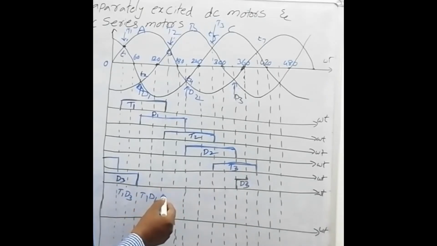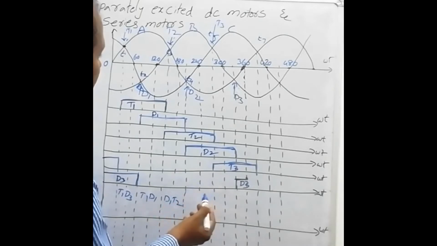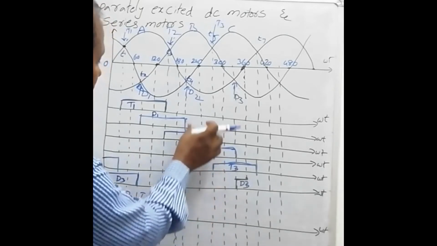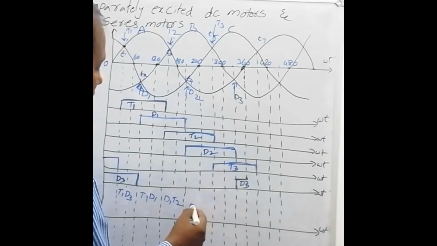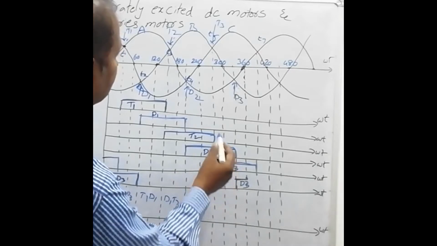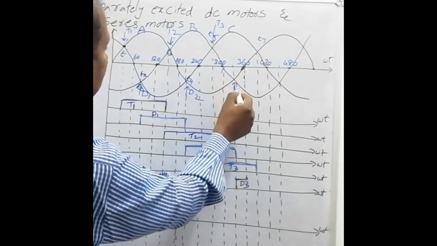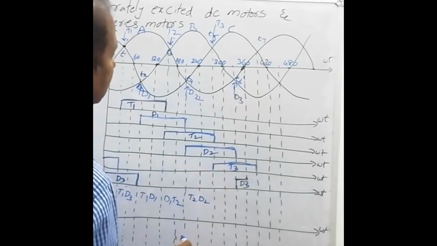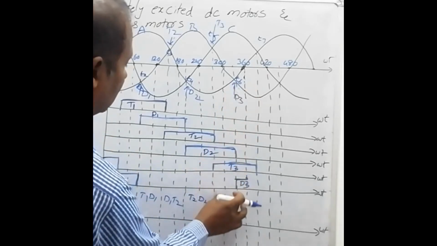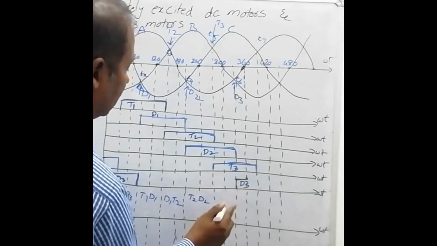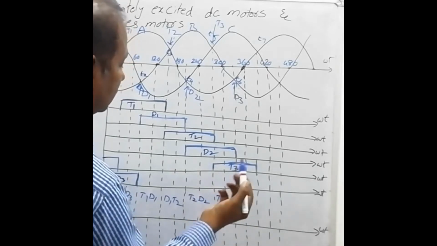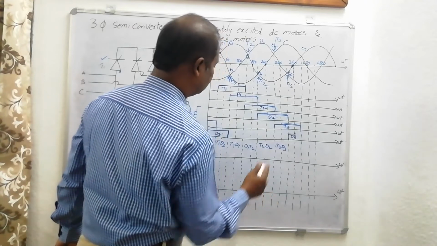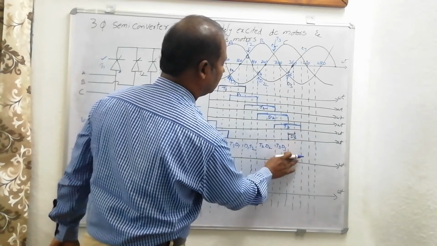T3 to T4, D1 and T2 conduct. Next, T4 to T5, in this period T2 and D2 conduct. Next, T5 to T6, in this period T3 and D2... T3 and D3 conduct. Next, D3, T3.